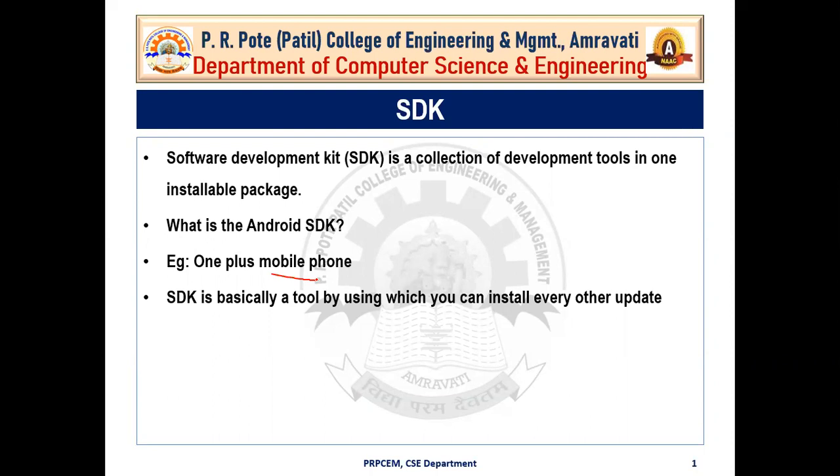If the OnePlus community releases the Android version for every other device of OnePlus, this is where the SDK comes into the picture. So what is SDK? SDK is basically a tool by using which you can install every other update.